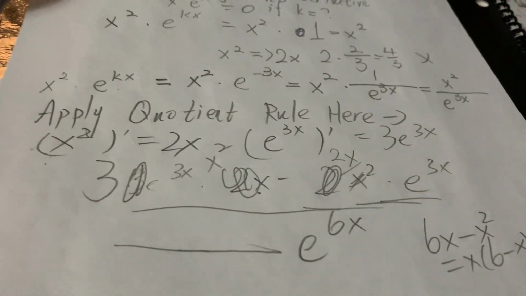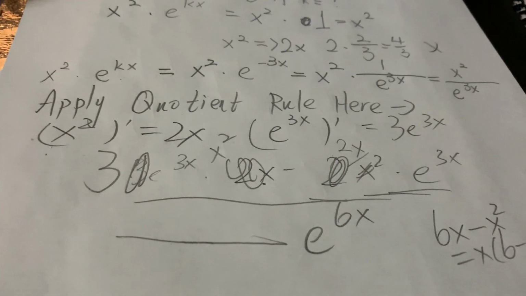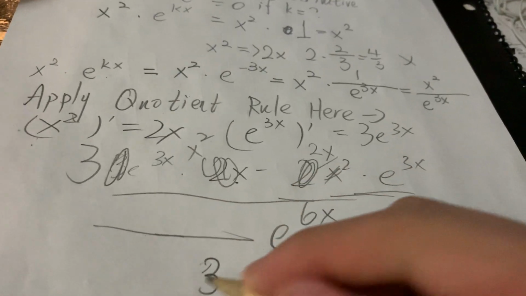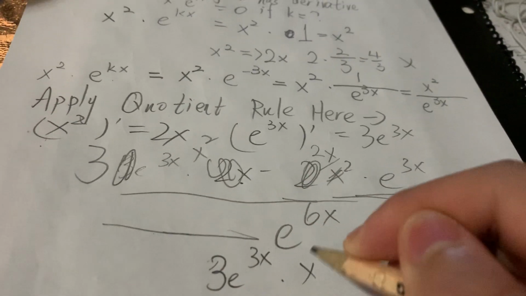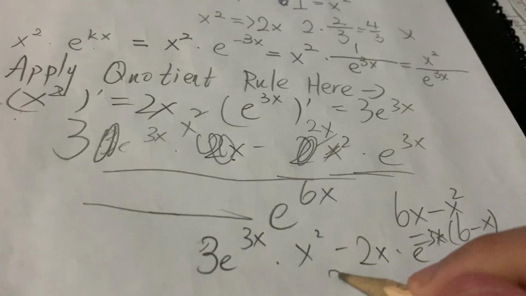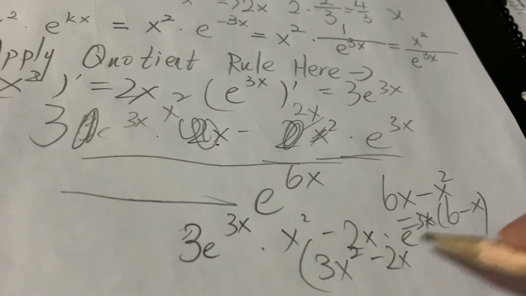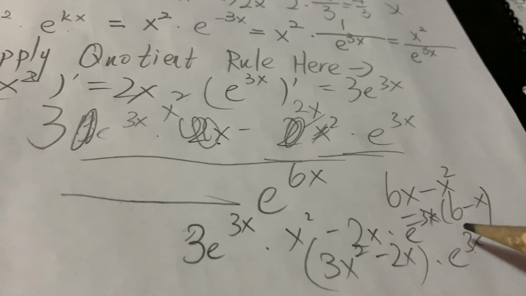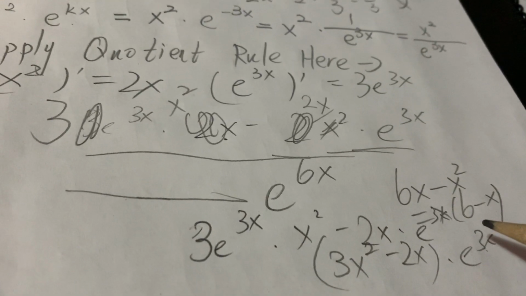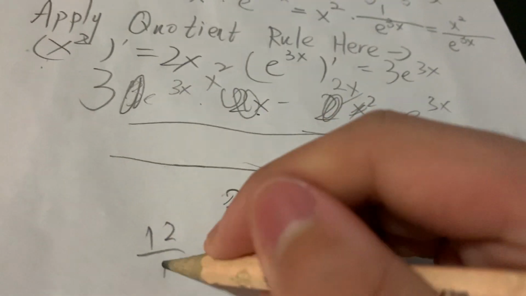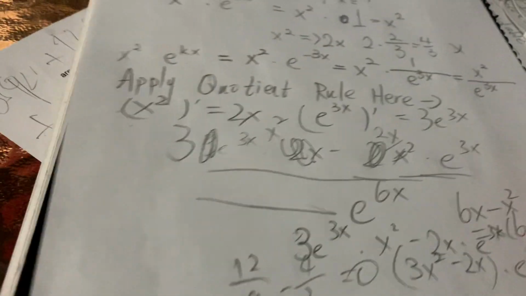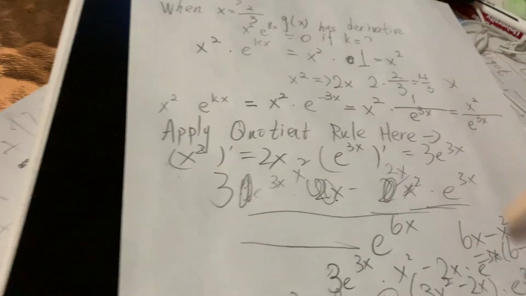Okay, so it should be like this in this case: 3e to the power of 3x minus 2x times e to the 3x, that is 3x squared minus 2x times e to the power of 3x. 12 divided by 9, 4 divided by 3. So it's this, and it will have the result of 0. And this is the end of this problem.